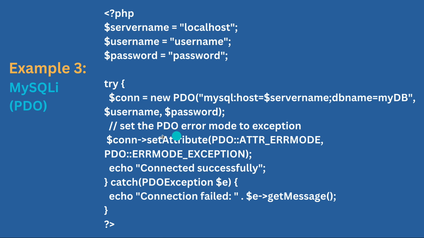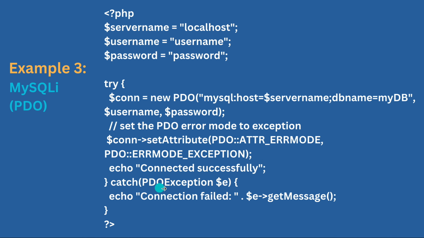Now here we are setting some error. How can we set the error? Con set attribute PDO attribute error mode, right? Then PDO error mode exception. So if some error arises, it will throw the error exception, right?